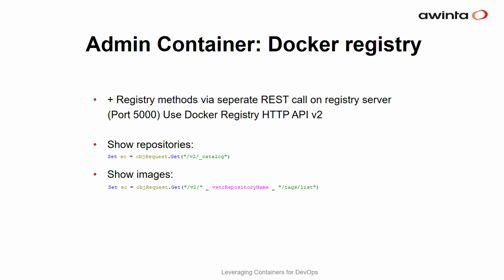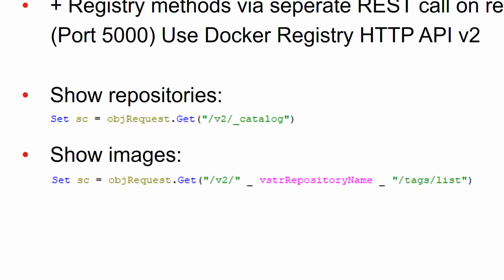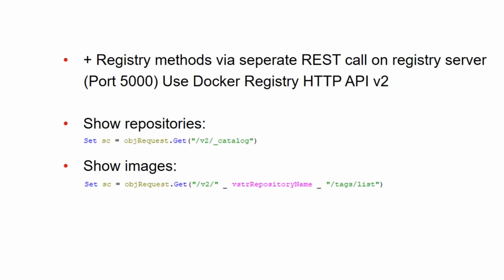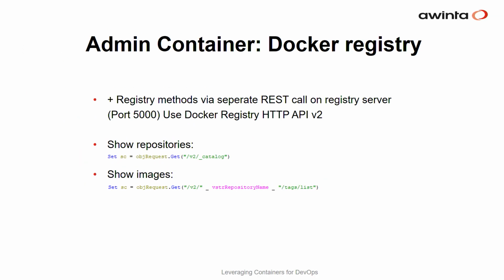Here, again, to show the repositories, for example, we make a GET call with v2/_catalog. This is again a predefined endpoint, and we get the list of repositories. And if we know the name of a repository, we can call GET v2/<repository name>/tags/list and get the images under this repository. So this is what is behind our administrative web page.